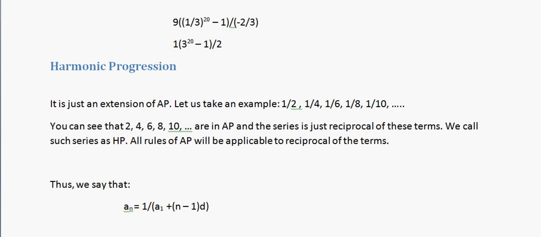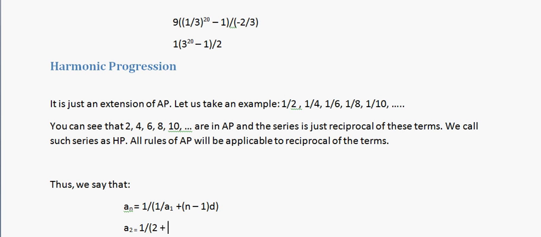So if you look at this series, A2 is equal to how much? 1 upon A1, A1 is 1 by 2, 1 upon 1 by 2 is 2, right?